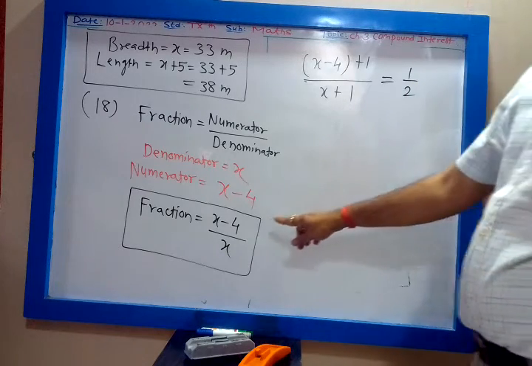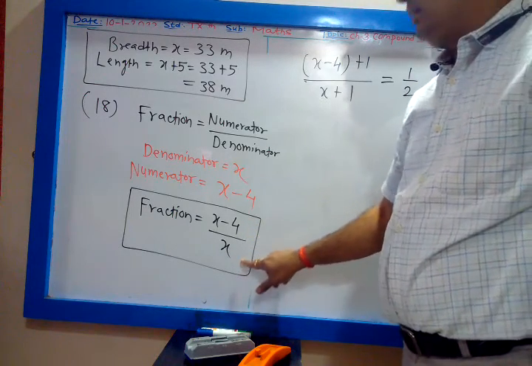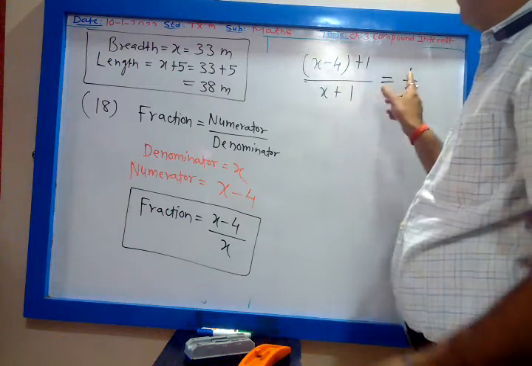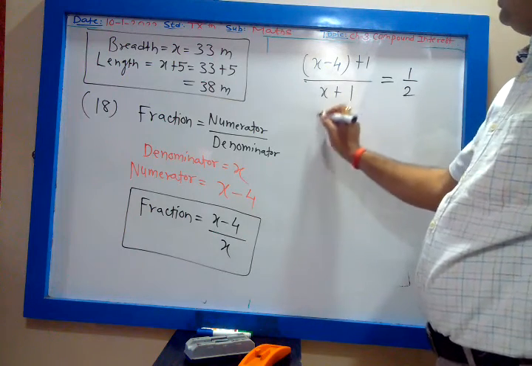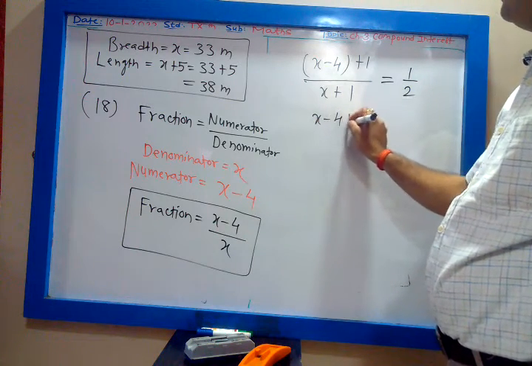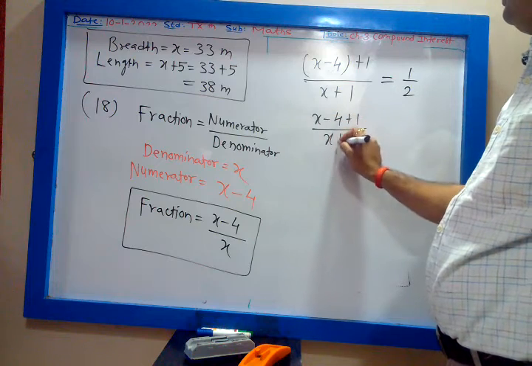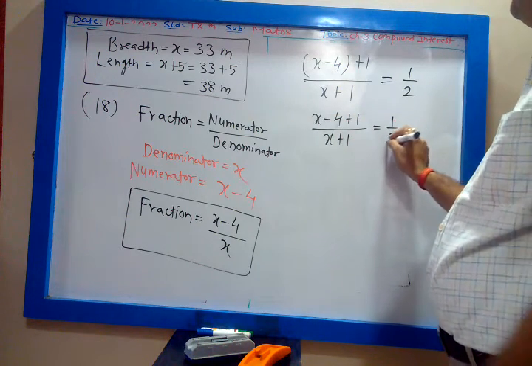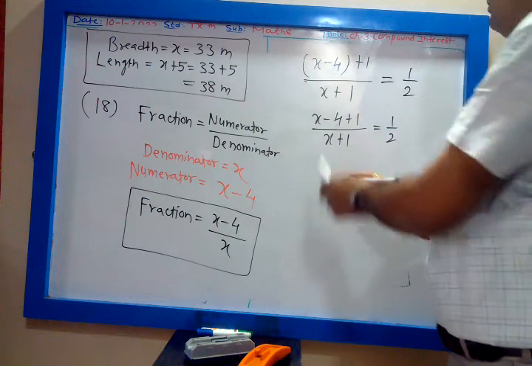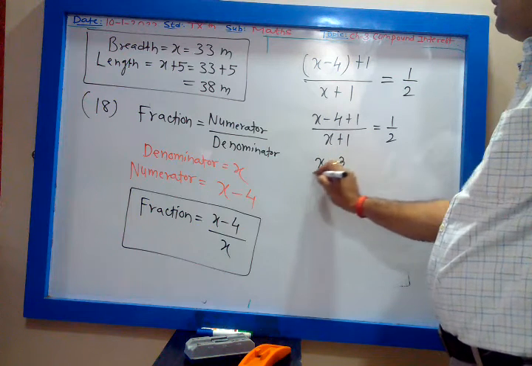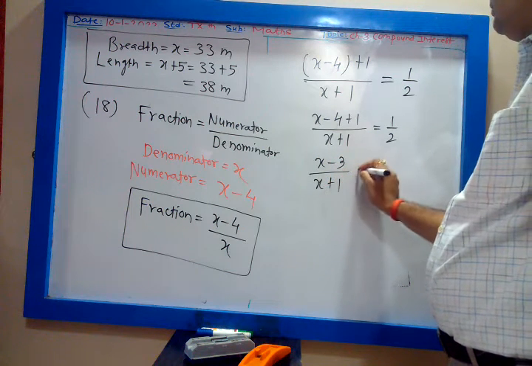This is my numerator, this is my denominator. Simplify: x minus 4 plus 1 upon x plus 1 is equal to 1 by 2. Minus 4 plus 1 will be minus 3. X minus 3 upon x plus 1 is equal to 1 by 2.